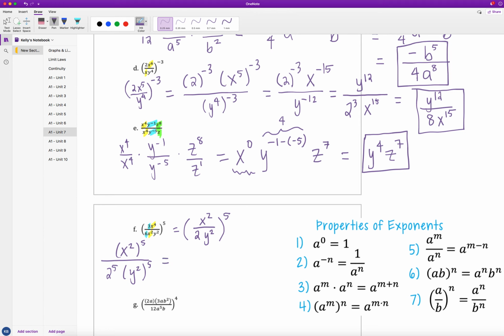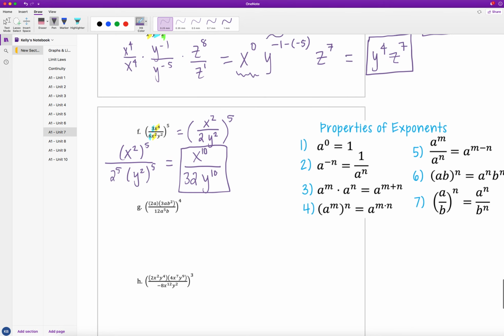X squared to the 5th means I can multiply the exponents because I have power to power. That would be rule 4 over here in our property of exponents. So I'll have x to the 10th, 2 to the 5th we can multiply out is 32, and then again y squared to the 5th, multiply the exponents, and I'll get y to the 10th. And that will be our final answer because I have no negative exponents and I have all different bases, so I cannot simplify any further.